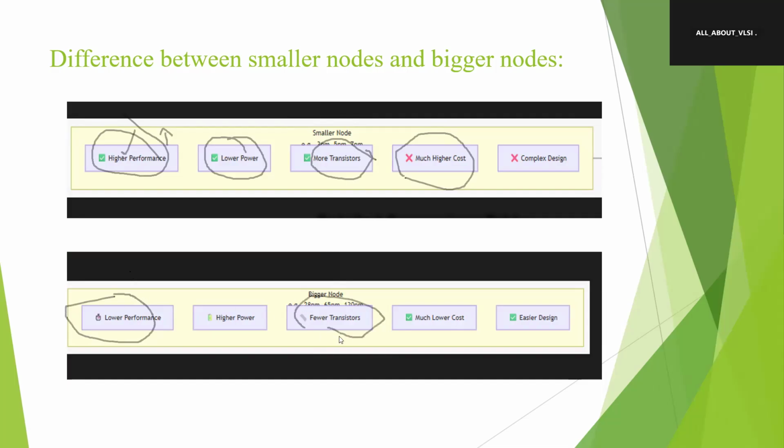We are placing only fewer transistors, and here power also increases, but cost decreases and design complexity also decreases. Why? Because here complexity is reduced, right? And this is the major difference between smaller nodes and bigger nodes.